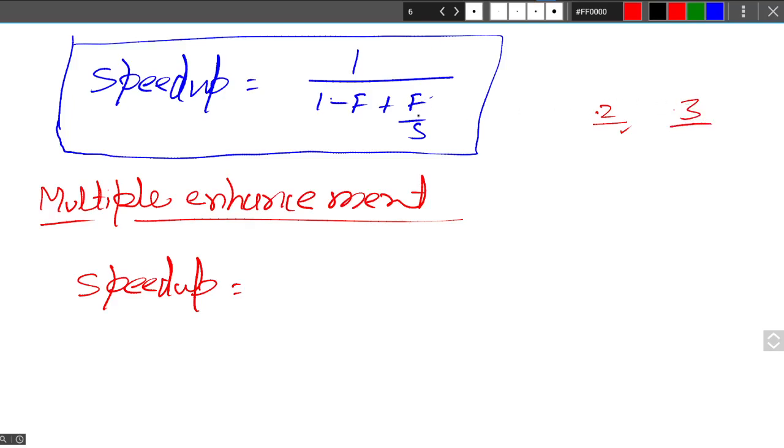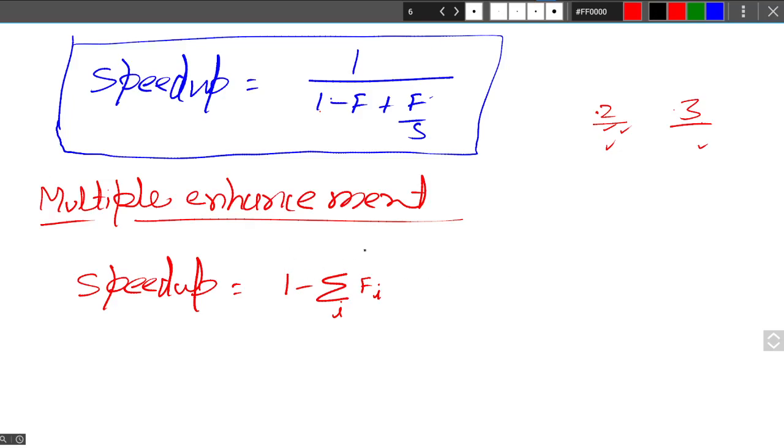So there will be 0.2 upon its speed up, 0.3 upon its speed up, and here you will have to subtract 1 minus 0.2 plus 0.3, which is 0.5. So 1 minus 0.5. Similarly, if you want to generalize, you can write it as 1 minus summation of all the fractions fi.